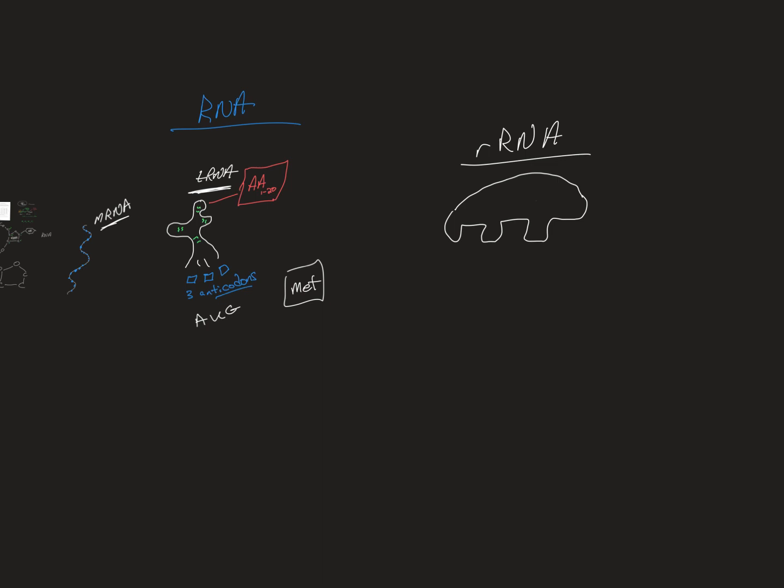So you're looking at ribosomes. There are many different ways to draw it. I like to draw it to make sure that you see that there are 3 spots. Why 3? Because it's reading 3 at a time. Why are we reading 3 at a time? Because the ribosome, by the way, rRNA, the R stands for ribosome, has 3 slots.